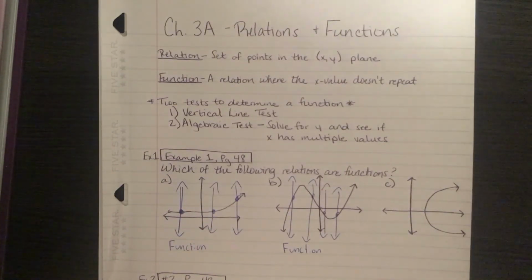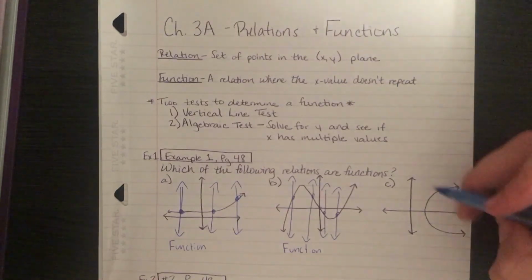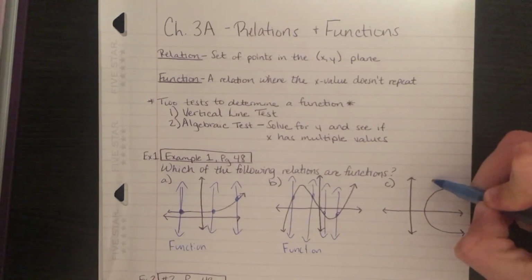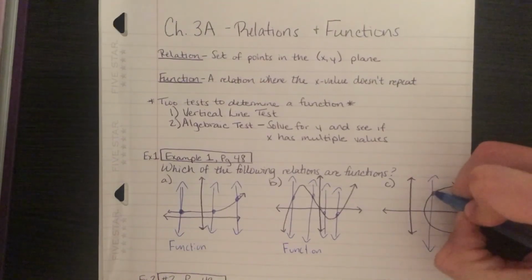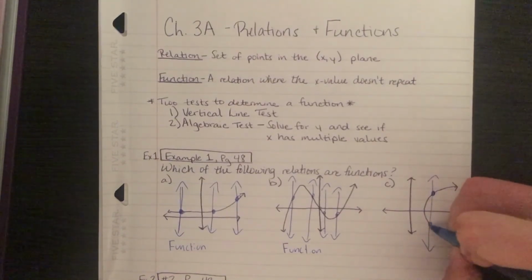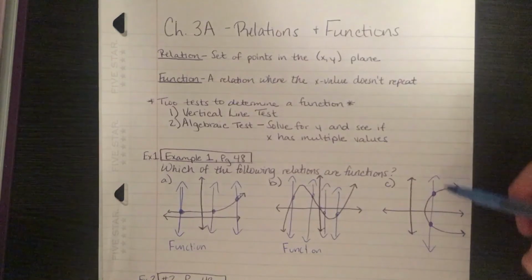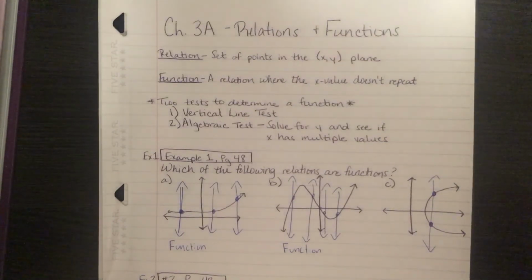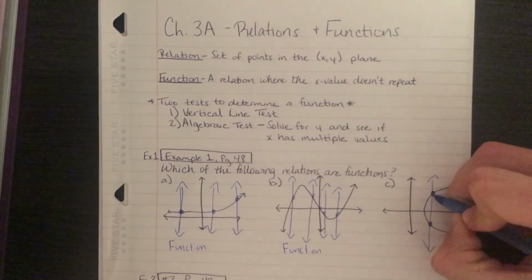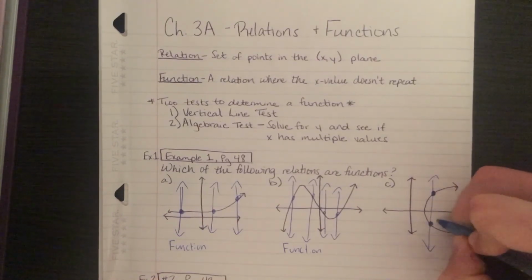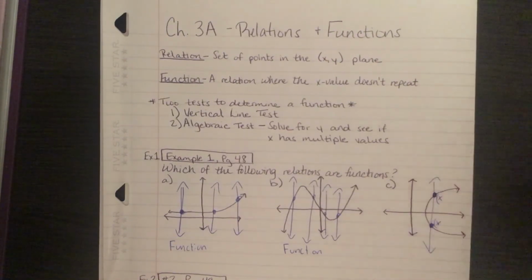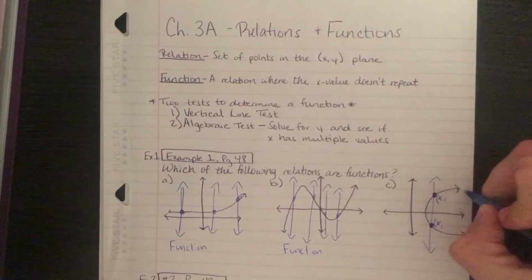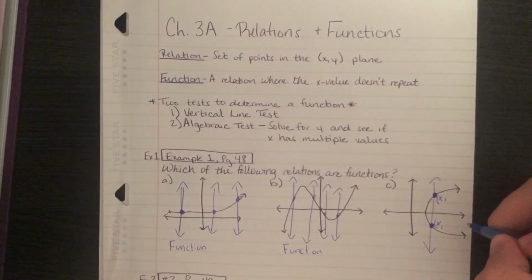Then we've got this sideways parabola here. If we draw a vertical line through that, we see that it crosses twice. The reason this is not a function is because this point right here and this point right here both have the same x value, but they have different y values.